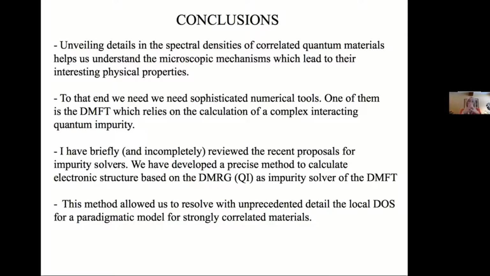I have briefly, and I think incompletely, reviewed the recent proposals for impurity solvers. We have developed in particular one which is based on the DMRG, which is based on quantum information concepts, as an impurity solver. This method allowed us to resolve with unprecedented detail the local density of states for a paradigmatic model, in this case a two-band Kanamori-Hubbard model, but it can be applied to any model.